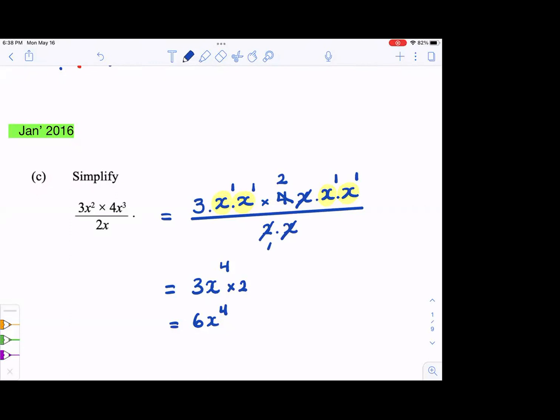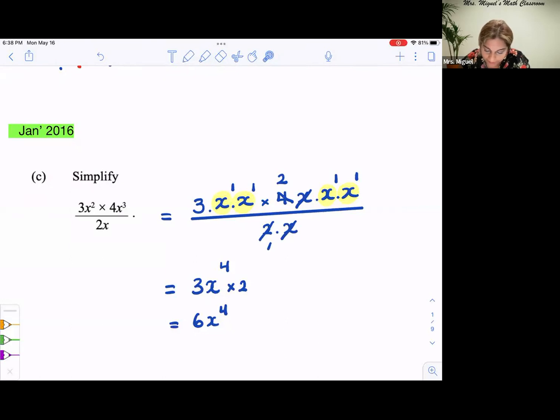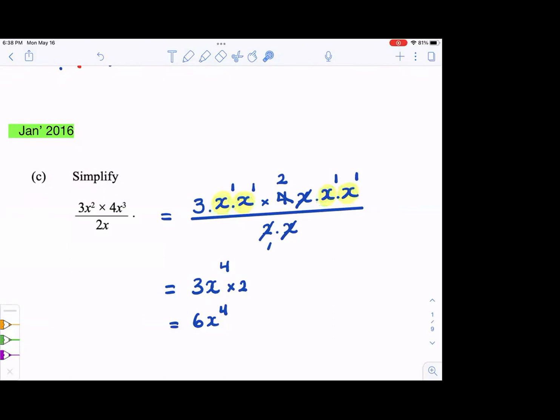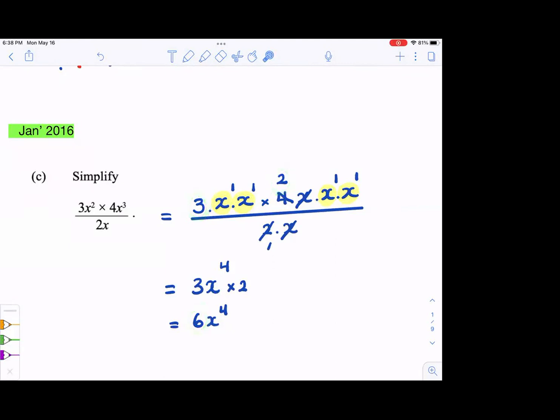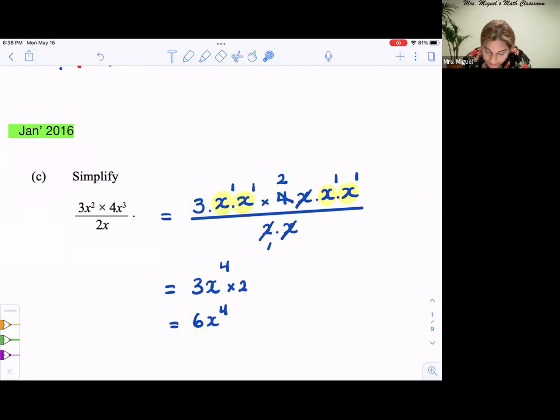You wouldn't be using the x's for the 2? Yeah, well, I'm using the x here, but I'm adding the powers of the x. Oh, okay. Right? So I'm multiplying. Remember, 3 is being multiplied by 2 to give 6. Now, for the indices, since the base is the same, I just add the powers. So this is 1, 2, 3, 4.